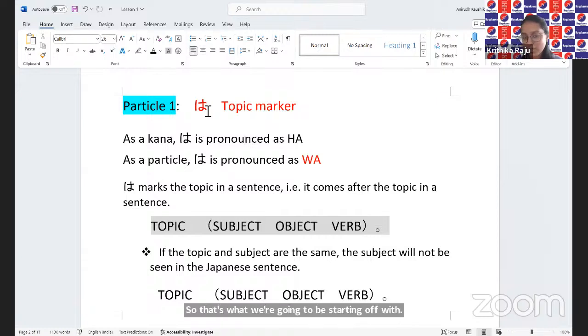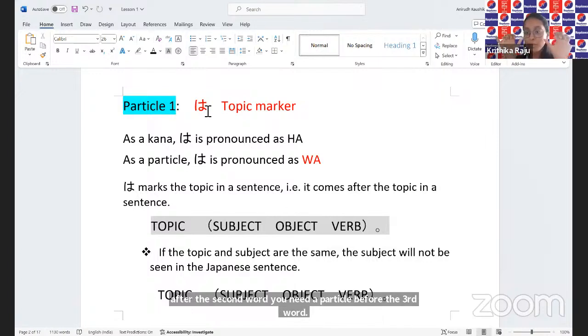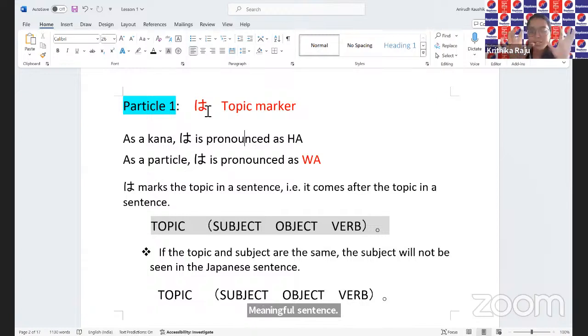So where will this kana appear as a kana? It will appear as a kana in a word. Inside a word, if you have this kana, then it is treated as a kana. But between words, after a word, between 2 words, if you have this particular kana, then that functions as a particle in that case, and you will read it as wa.